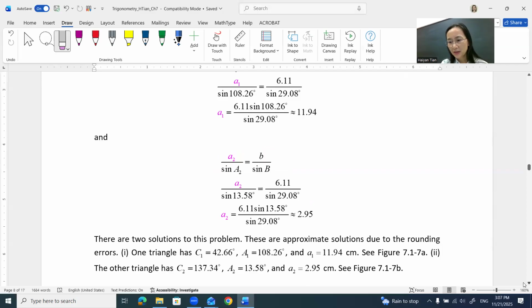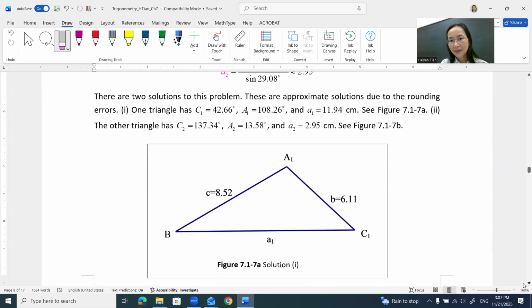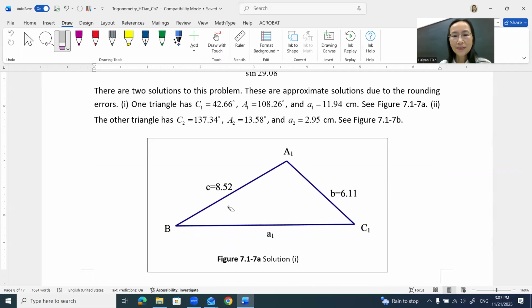That means two possible triangles that satisfy the side angle. So we are given side angle, and one of the two solutions is this one, with C1 to be acute, and A1 to be obtuse, and the length A1 as 11.94. So that's one solution.